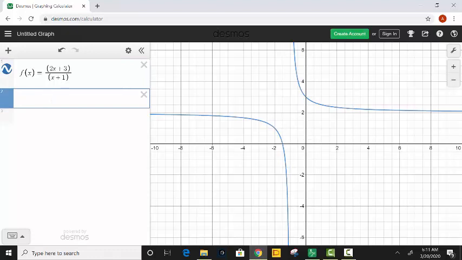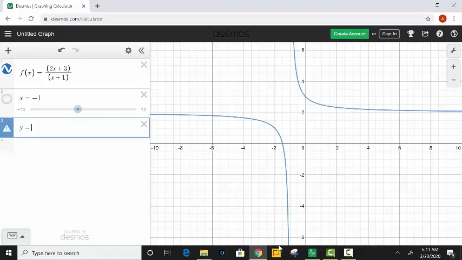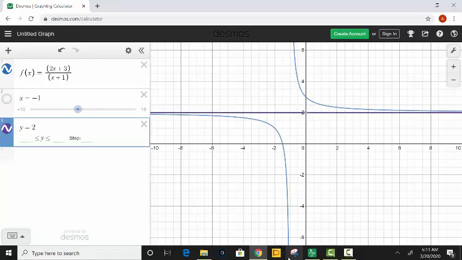But I want to just show you here, at x equals -1, we have what's called an asymptote, which is a line or a value that the function approaches but actually never gets to. So the function never actually exists at -1, but it approaches -1 on both sides. And then we also have another asymptote at y equals 2.